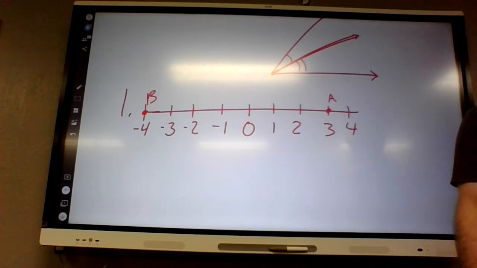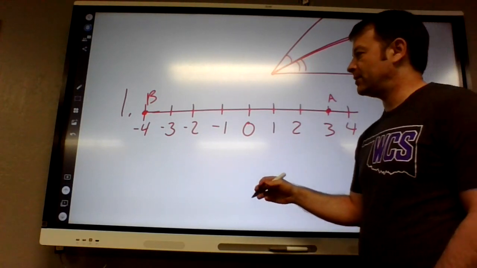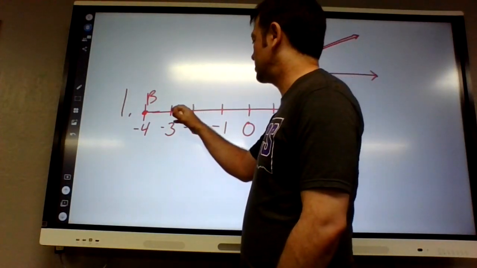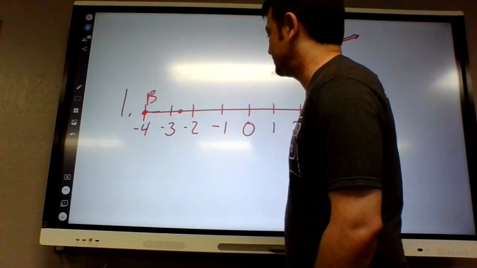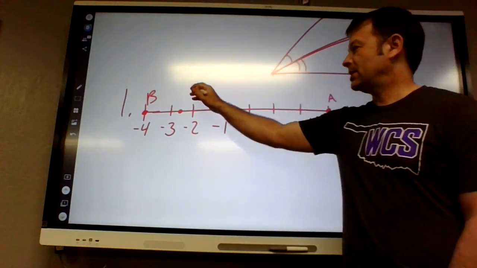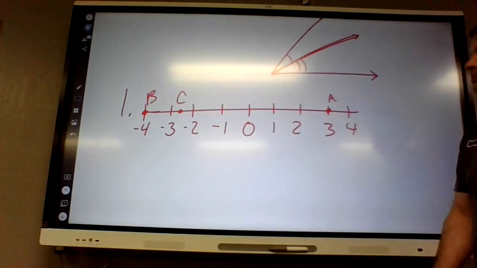Okay, negative 2.6, so that's between 2 and 3. Is that going to be closer to negative 2 or negative 3? Negative 3. So just a little bit closer to negative 3. And that's point C.